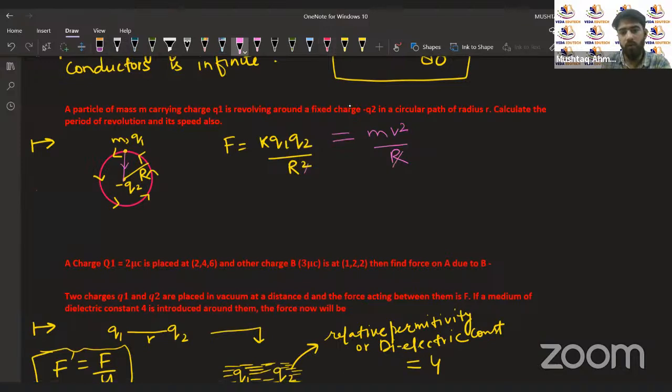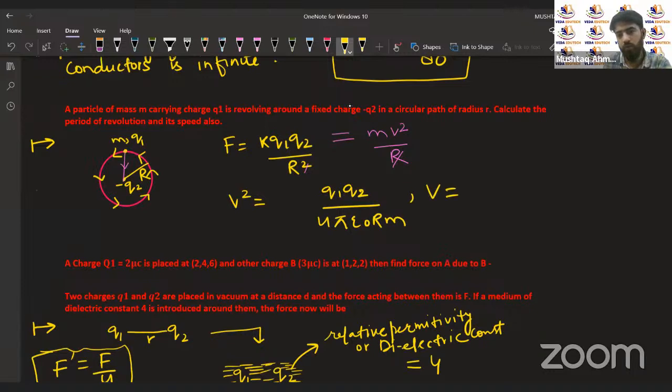R and R will be left with. And we have to calculate the period of revolution and its speed also. So we have to find the speed. Speed V squared will be K Q1 Q2 upon 4 pi epsilon naught R multiplied by the mass of this charge.